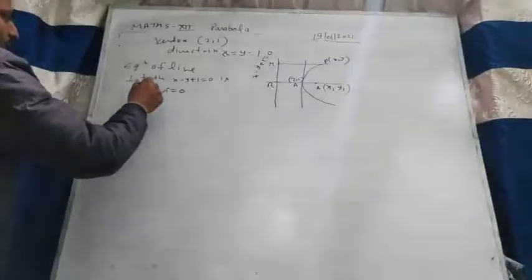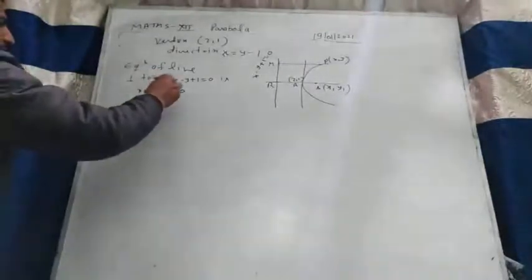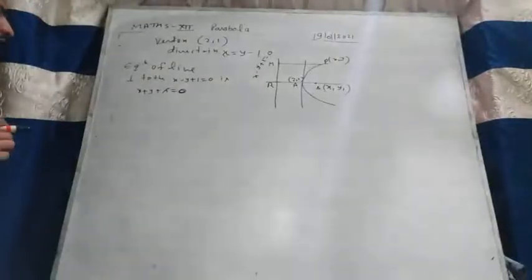Now student, we are seeing that this is x plus y plus lambda is equal to 0.